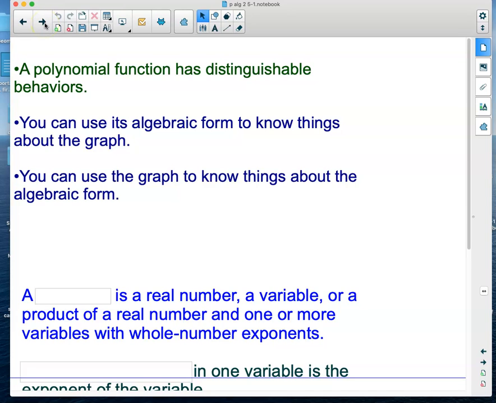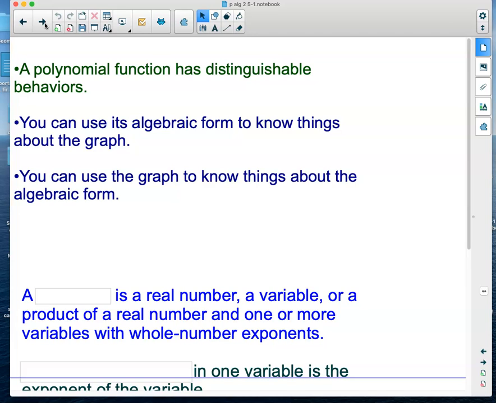So now, on this page, you'll notice we've got a whole lot of blah, blah, blah. And that's because this is going to be fairly new to you, and that means we need guidelines. We need a box of, hey, this should be happening, and that's what this is doing. So a polynomial function has distinguishable behaviors. That means when we see a polynomial function, we should say, oh, look at that, it's going to have, and we'll know just by looking at what the power is and talking about what each one of those terms is going to do.